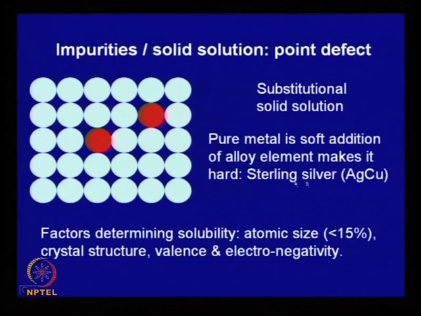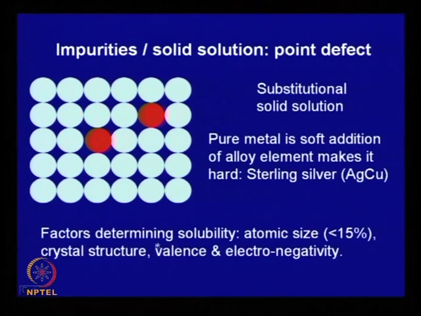But take the case of iron. Iron is a BCC structure, and suppose you add some amount of nickel to it, nickel is FCC, or some amount of copper, copper is FCC. So, here definitely, because of the difference in crystal structure, they will have limited solubility.